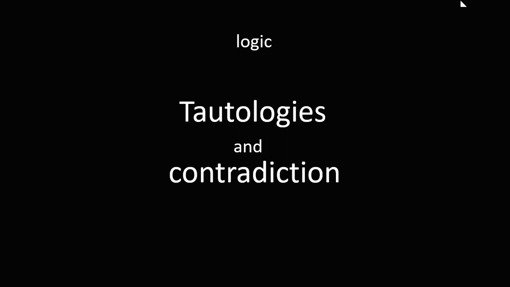Okay, so today we are talking about logics, and specifically we were talking about tautologies and contradictions. What are tautologies? A tautology is a statement that whatever input you put in, it always gives a truth value of true.